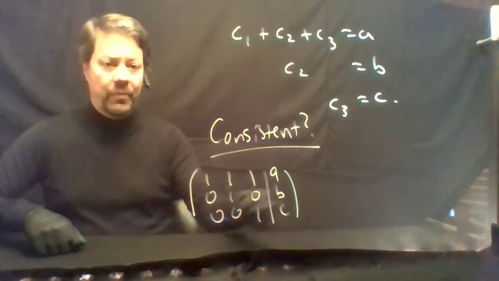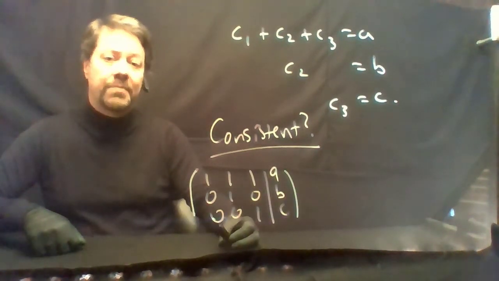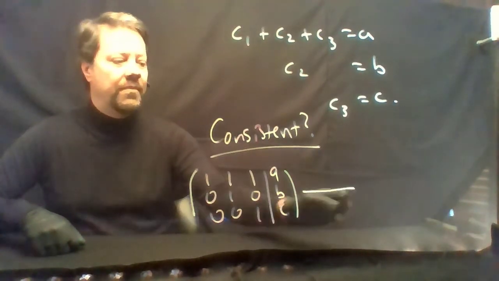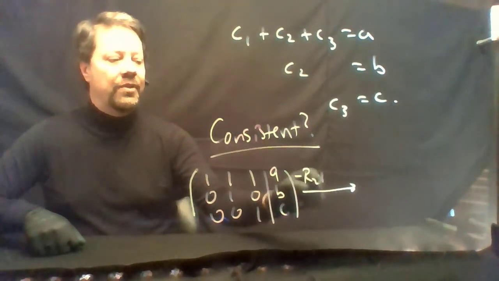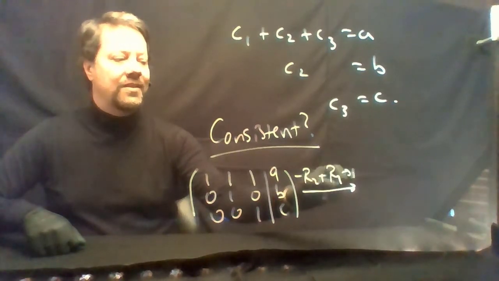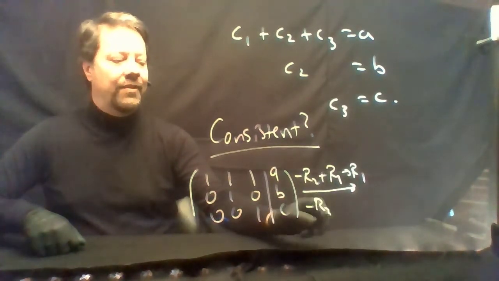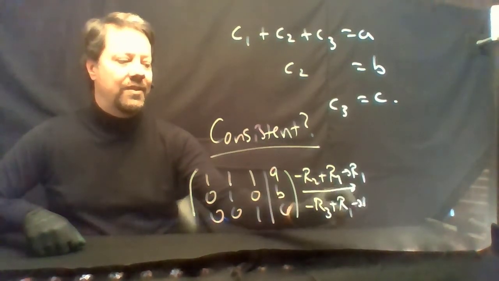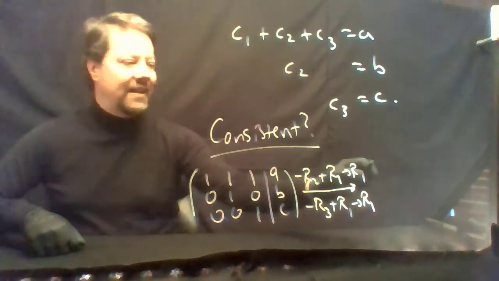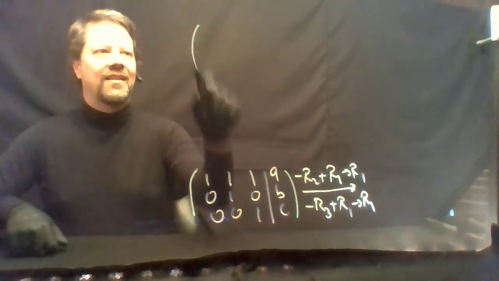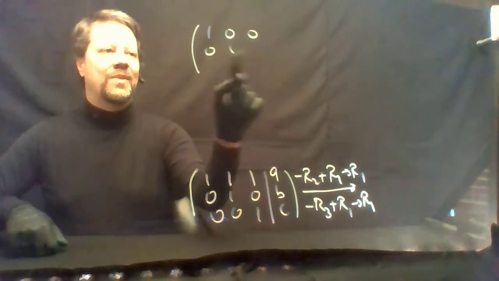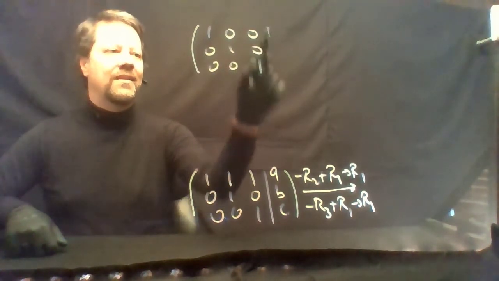And then, with two elementary row operations, produce the reduced row echelon form. Negative row 2 plus row 1 yields a new row 1. Negative row 3 plus row 1 yields a new row 1. That gives us 1, 0, 0, 0, 1, 0, 0, 0, 1.